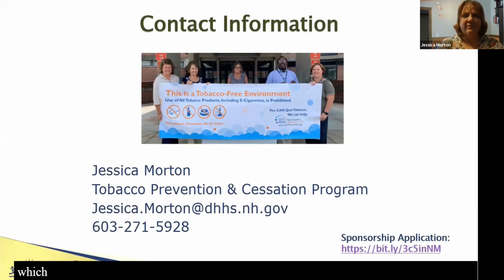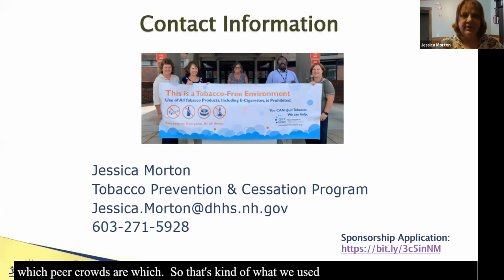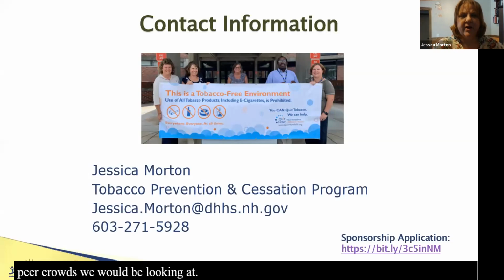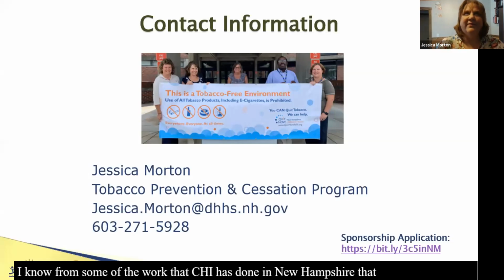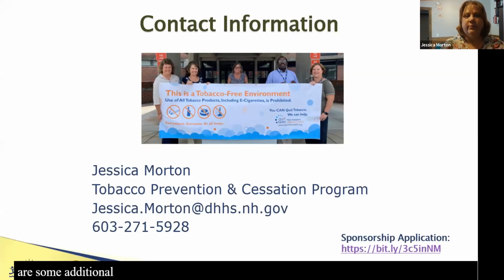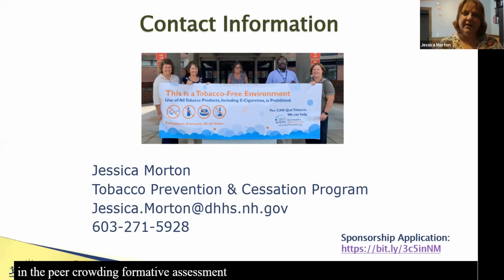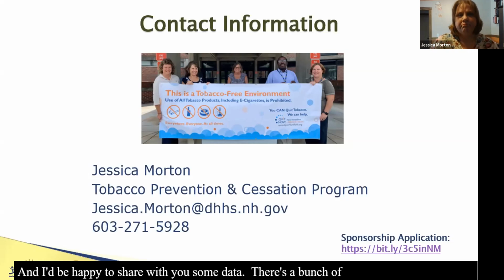So that's what we use in terms of knowing which peer crowds we would be looking at. I know from some of the work that CHI has done in New Hampshire that there are some additional peer crowds, like a different country local, but we didn't see that in the peer crowd formative assessment that we did. I'd be happy to share some data. There's a bunch of articles about peer crowds through JAMA.